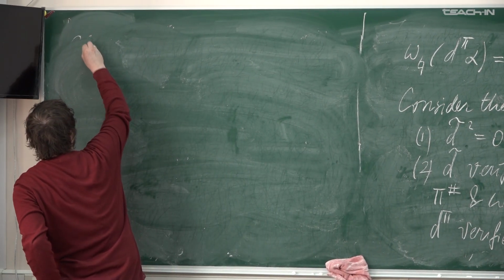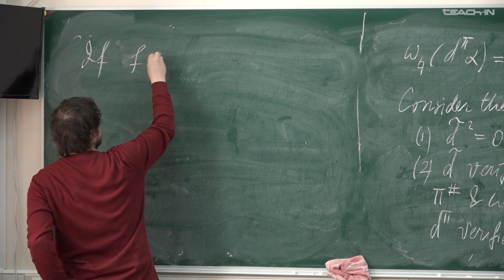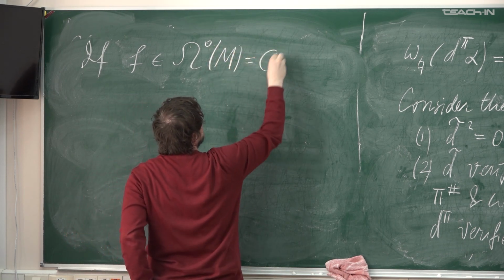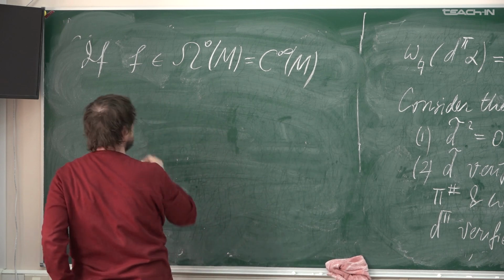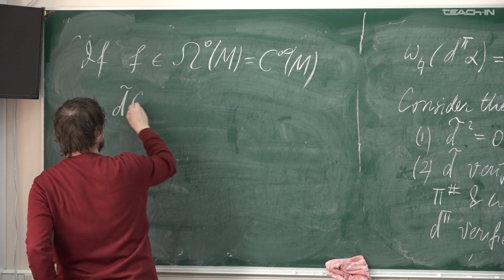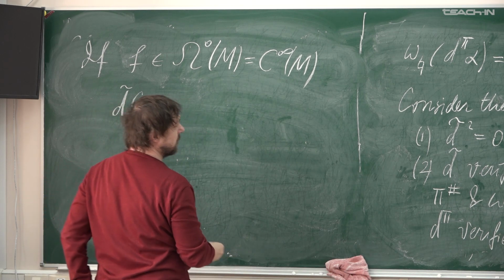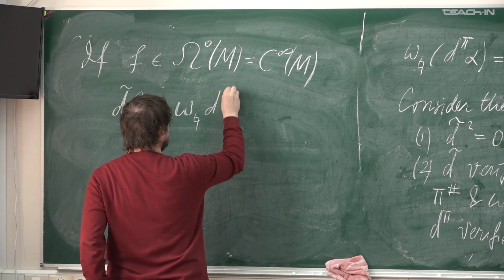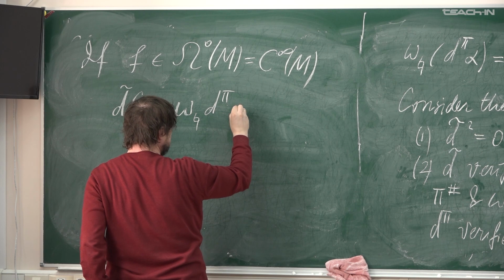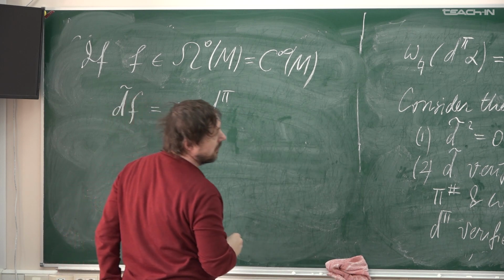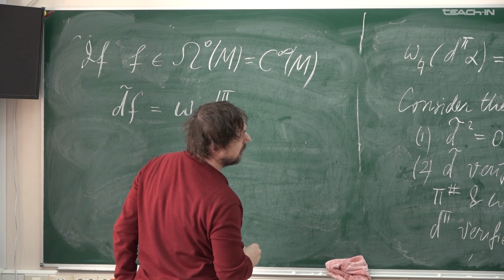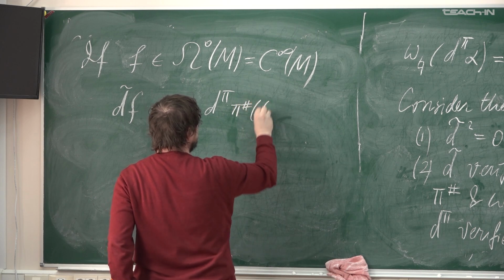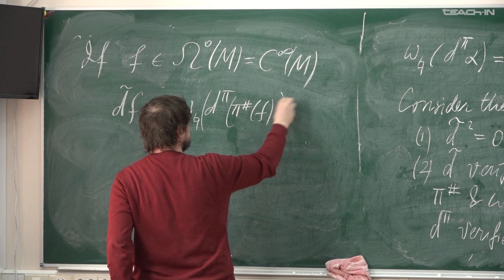So if f is a function, then d tilde of f, what is it equal to? It is equal to omega sharp of d pi of what? Yeah, of pi sharp of f, right? Like this.